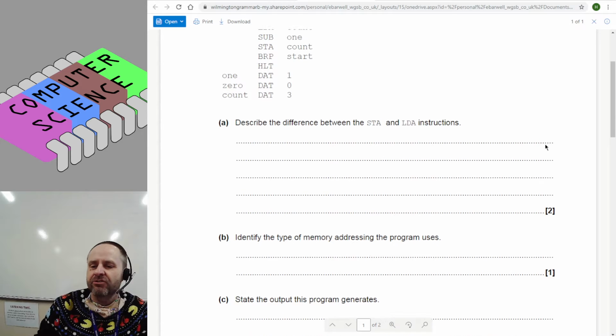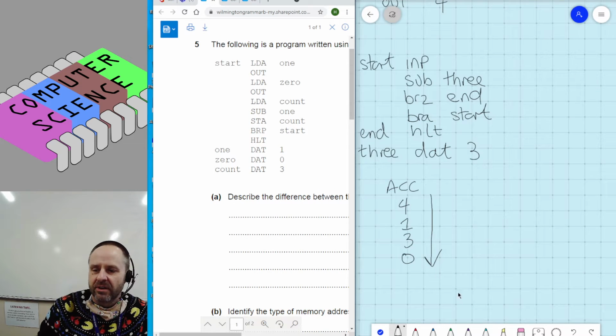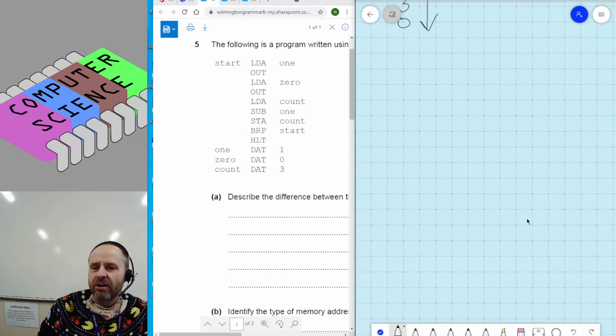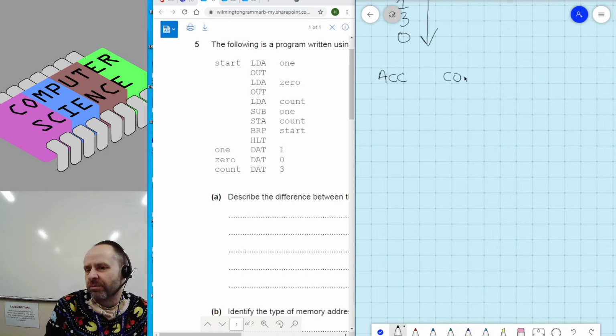Okay, so just try and dry run that with just keeping track of whatever count is. So I always tend to start with the accumulator and then I put my other values in there and count. So count starts at 3, so make sure you preload with a 3.